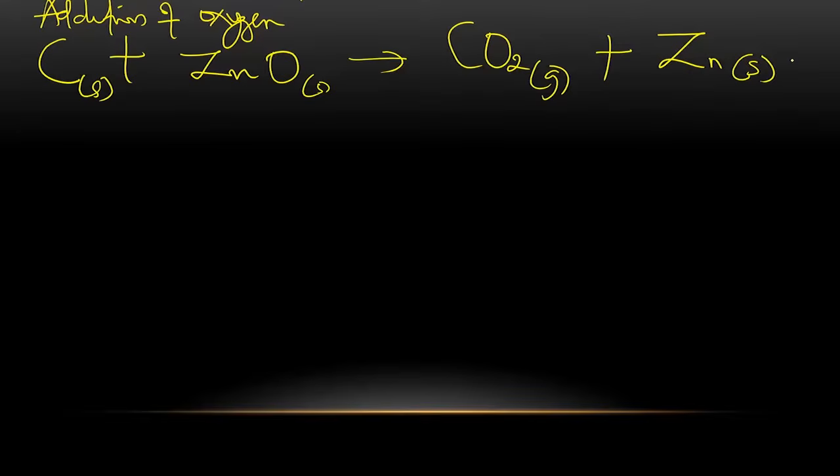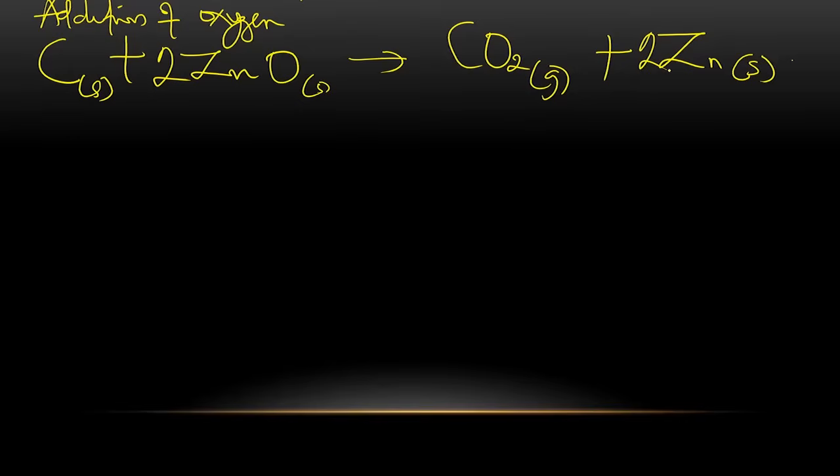Now let's balance this. If I put 2 here and I put 2 here, it's balanced. Oxidation can be defined in terms of when oxygen is added to an element, to an atom. Carbon reacting with zinc(II) oxide gives carbon(IV) oxide and zinc.